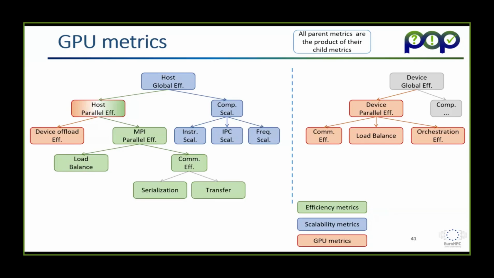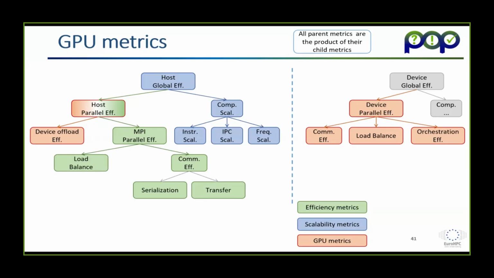We have the tree of the host, so how the CPU is being used, and the tree for the device, how the device GPU is being used. The host is the same as before, but now we add the host parallel efficiency that is composed of two components: the MPI parallel efficiency, that is the one that I shared, and the device offload efficiency that accounts for how much time the host is idle because it's waiting for the device.